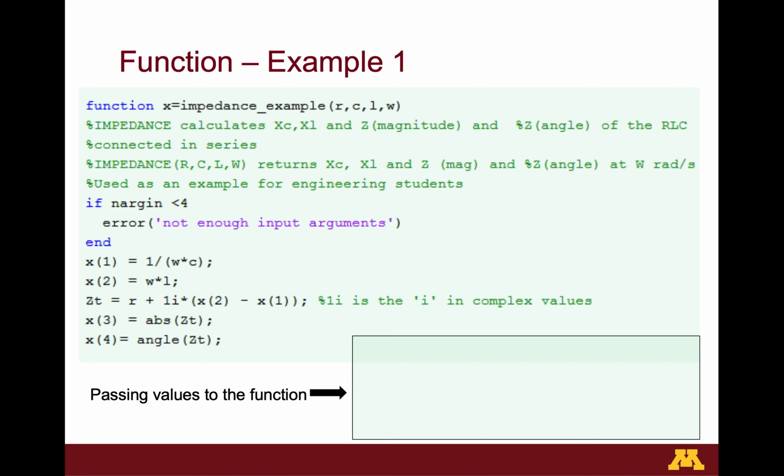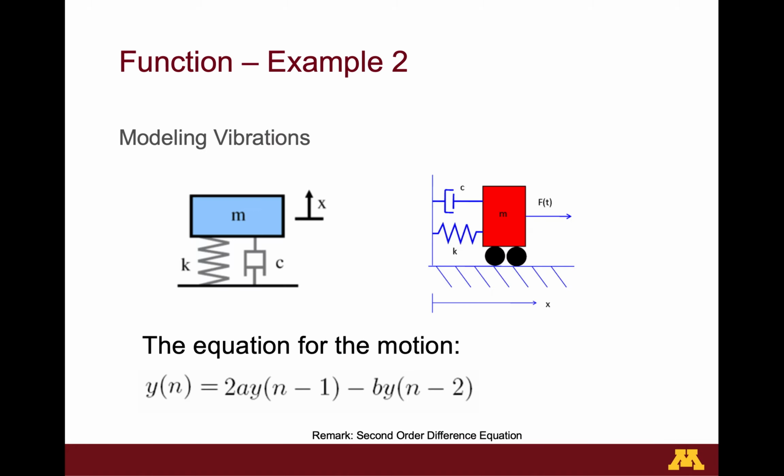So this is the main function for solving Z. And x3 is the absolute of Z, which gives us the magnitude, and x4 is the angle of Z, which gives us the angle of Z. And in the end, if we call the function impedance example in our command window by inputting x equals impedance example with the given numbers for R, C, L, W, we can get the output x with 4 elements.